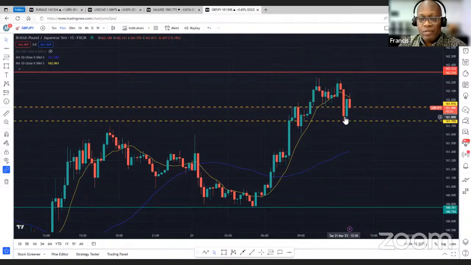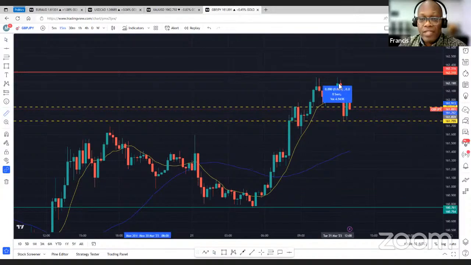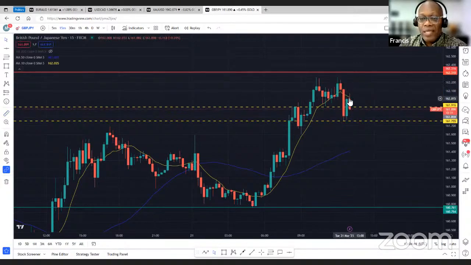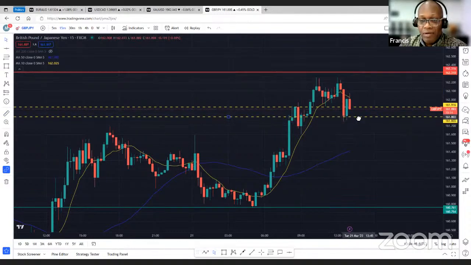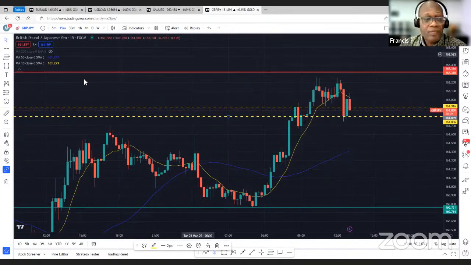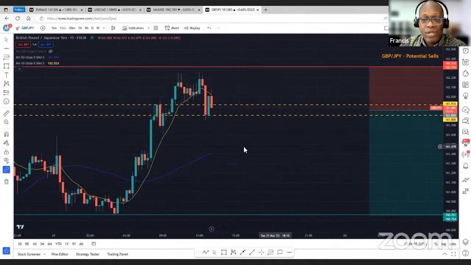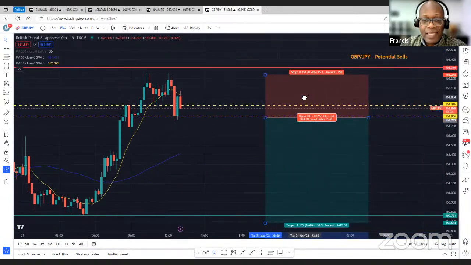A push down would mean a further push down, which would equal the length of the two, let's just say 42 pips or so. So I'm expecting a push down from the close of this candle, possibly giving us 42 pips. That's price action for you. So that's why I marked it here like so.